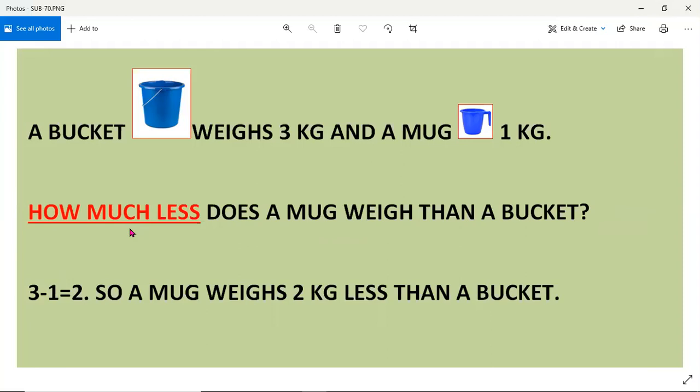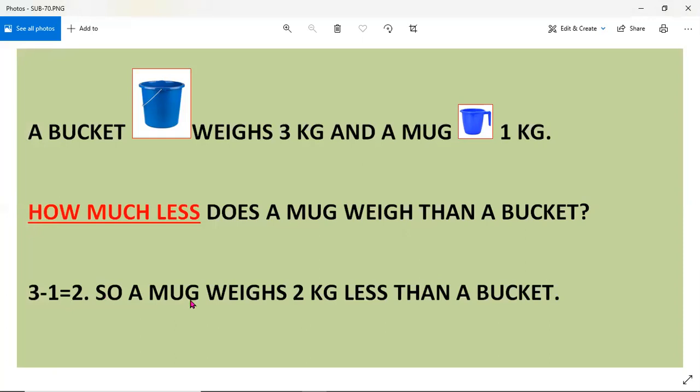How much less? I told you before, how much less and how much more are your signal words for subtraction. So how much less in this case is a signal word. So 3 kg was the weight of the bucket and the mug weighed 1 kg. So 3 minus 1, 2. So a mug weighs 2 kg less than a bucket.